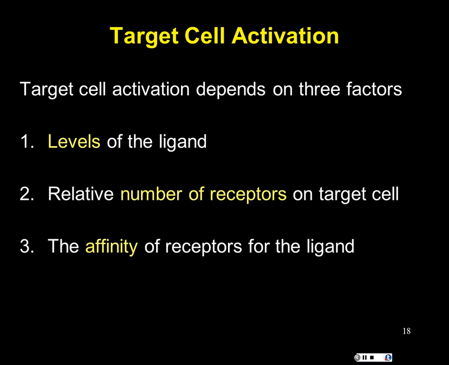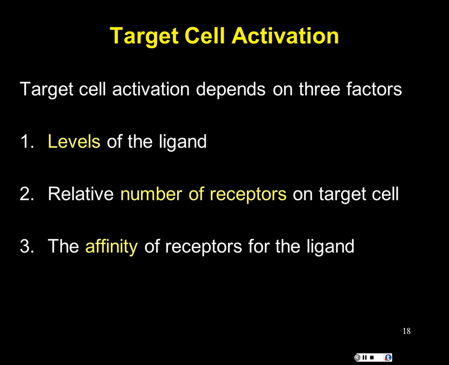I have the word blood levels, and I'm going to omit the word blood, because whether they are in the blood or in the interstitial fluid, whatever the case may be, the proportion of that ligand is going to dictate how the target cell responds. If there's more of the messenger, the response of the target cell is probably more. If there's less of the messenger, the response would be less. So it's directly related. We've got to take into consideration how much of the messenger is available.